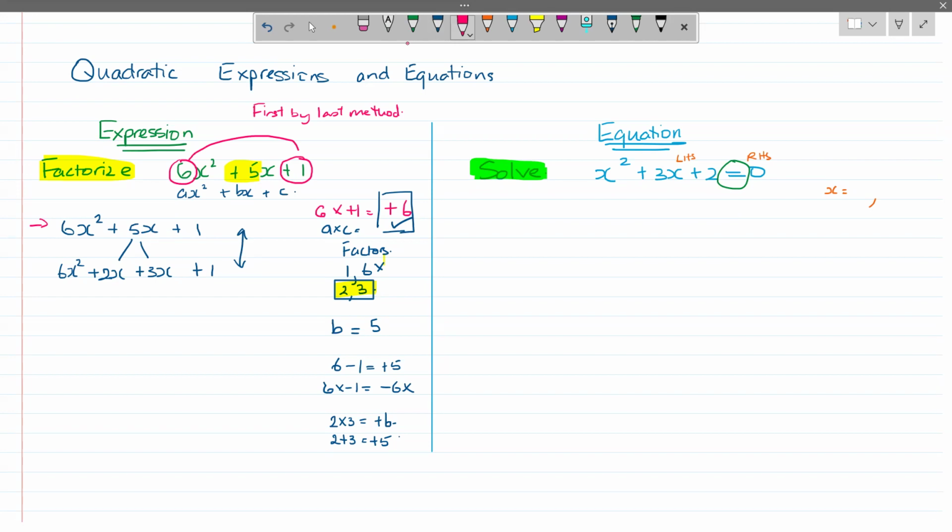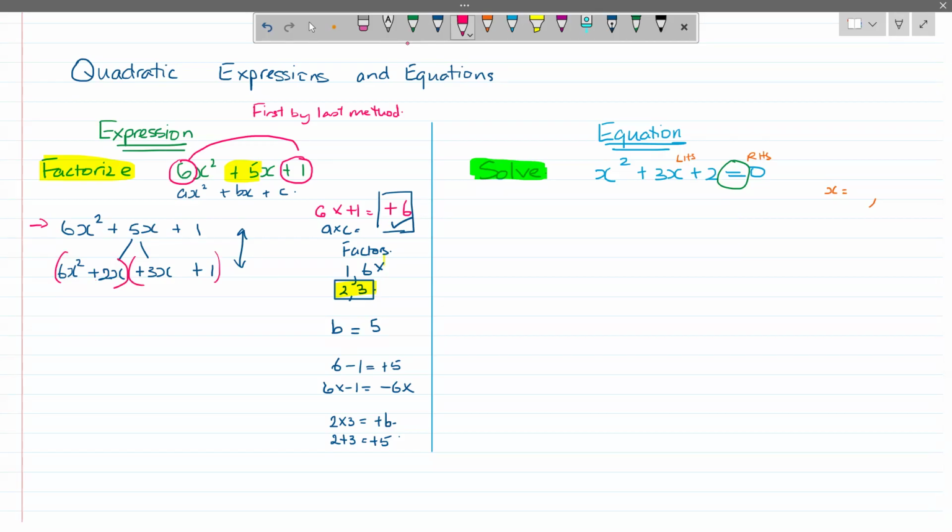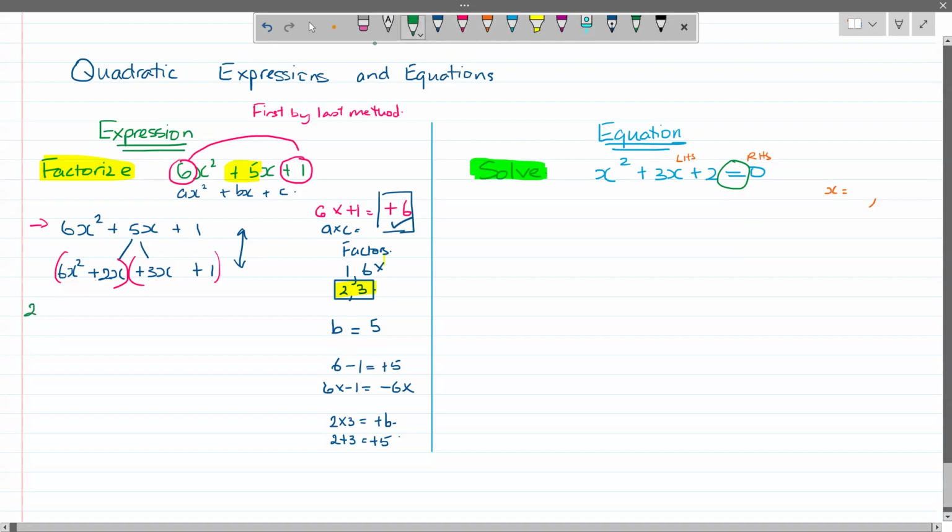But when I write it as 6x squared plus 2x plus 3x plus 1, I now could factor by groups because now there's something common between 6x squared and 2x. We actually have the 2, that's a common factor, so we're back to factoring by highest common factors, as well as the x. The x is present in both of them.